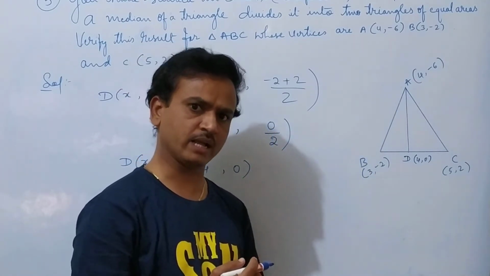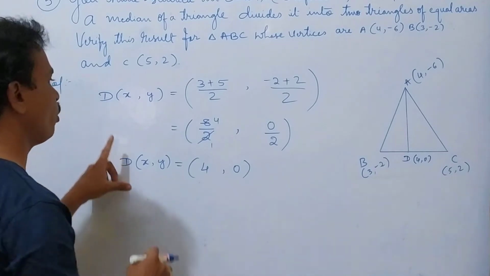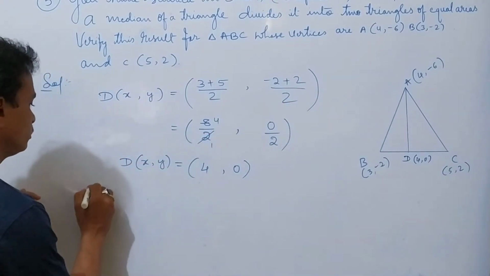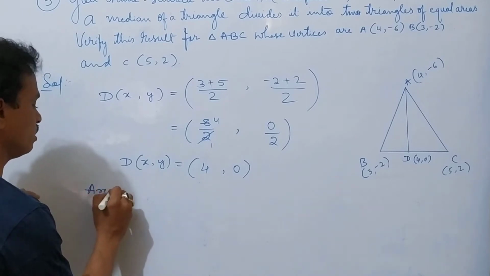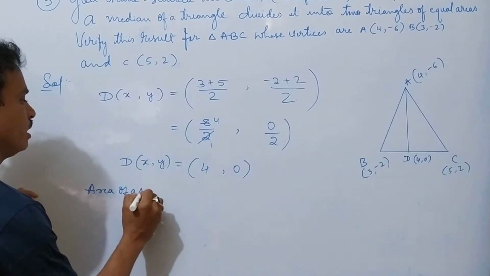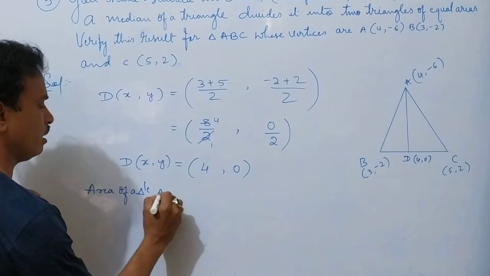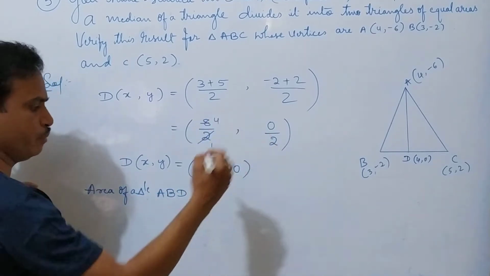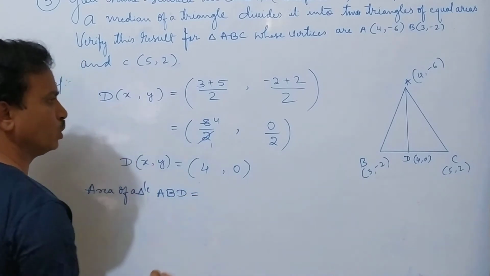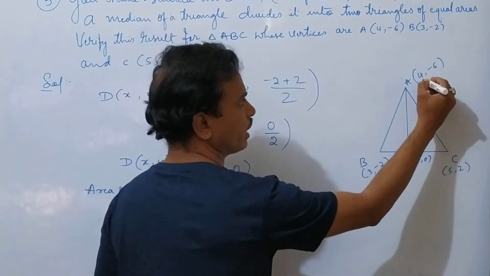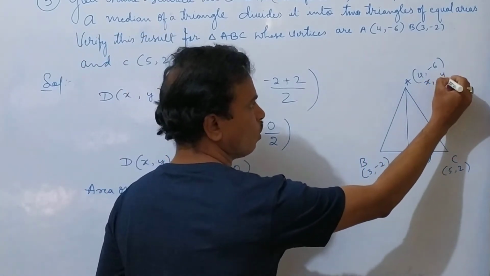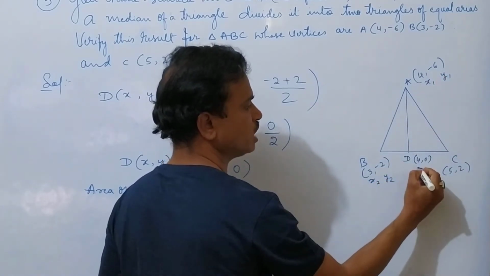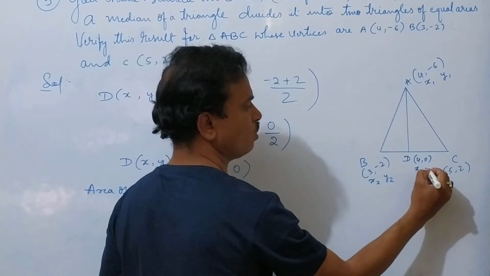So next, area of triangle ABD is equal to. Here first you should write down x1, y1, x2, y2, and this point you should take x3, y3.